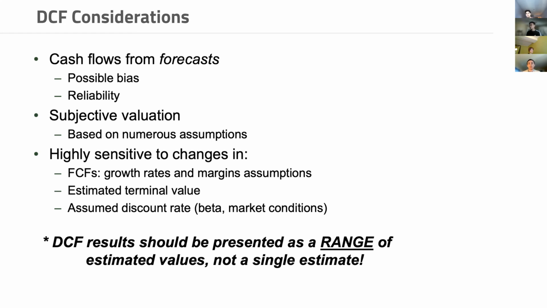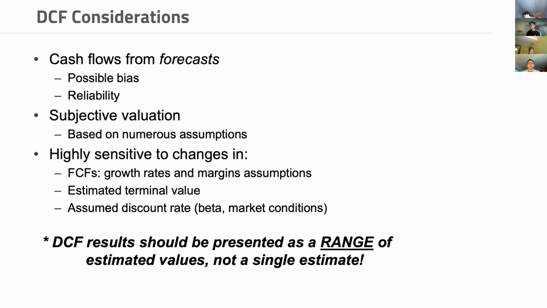And then we have terminal value. Oftentimes terminal value can be up to 40-50% of your overall value. And so your assumptions about how that company is going to grow in perpetuity, or what exit multiple you're going to use, that's oftentimes really important to your overall finding.